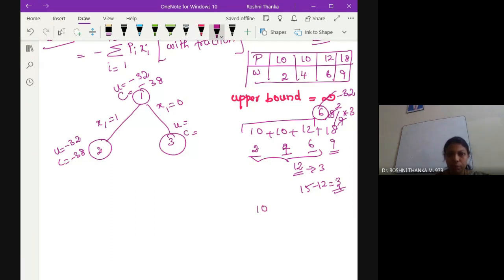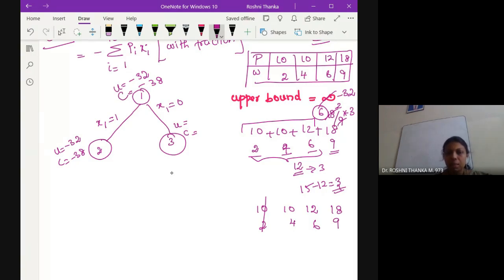We know our items: profit is 10 and weight is 2; profit is 10 and weight is 4; profit is 12 and weight is 6; profit is 18 and weight is 9. Now we said don't consider the first item. When we don't consider the first item, we check the upper bound and the cost.